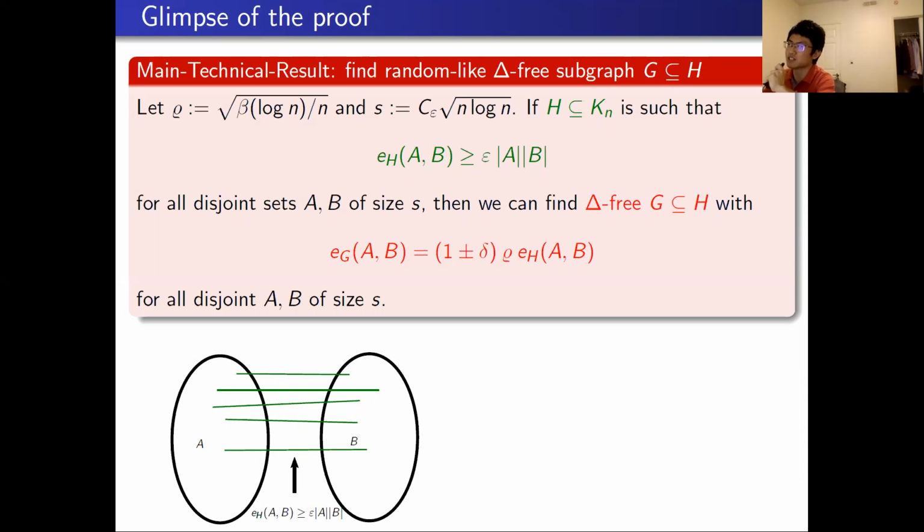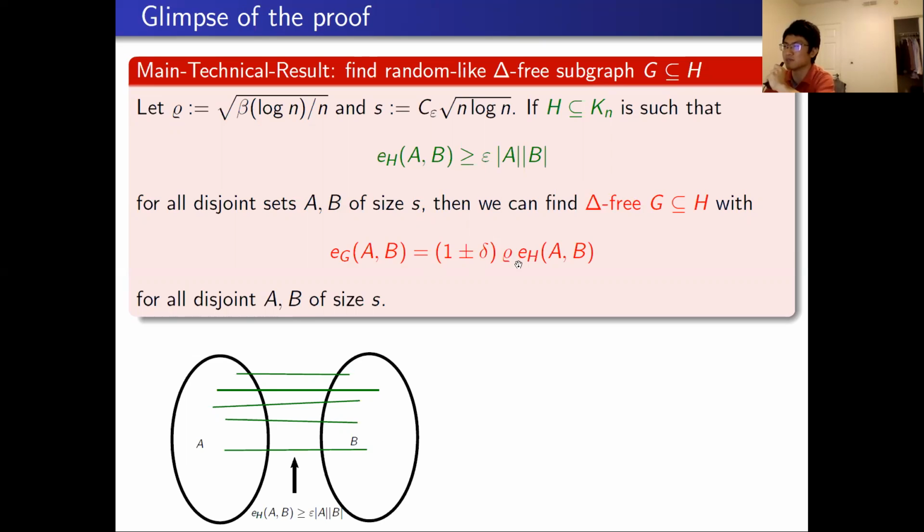If H satisfies such a requirement, then we can find a triangle-free graph G in H, so that the number of edges between A and B in G is around a rho fraction of the number of edges between A and B in H, and that is true for all large disjoint vertex sets A and B. So you can view G as behaving like some random-like graph in H with edge density rho, but actually G is triangle-free.